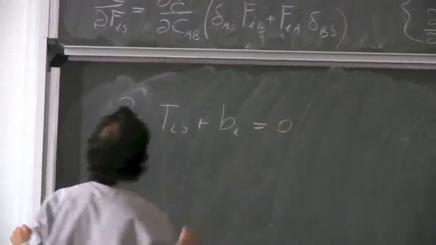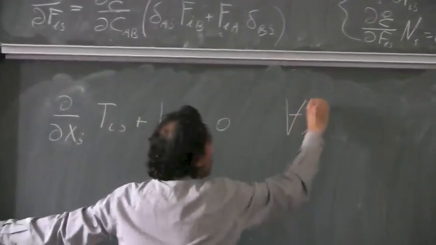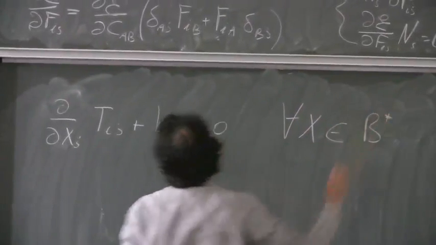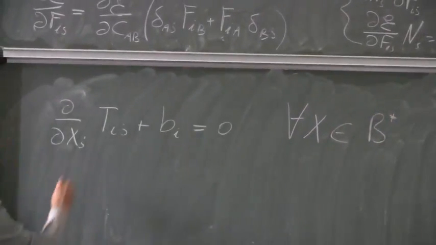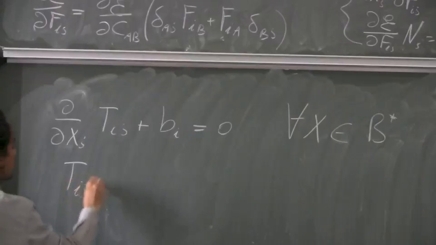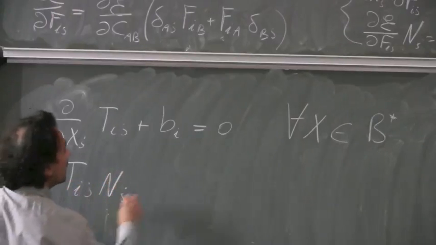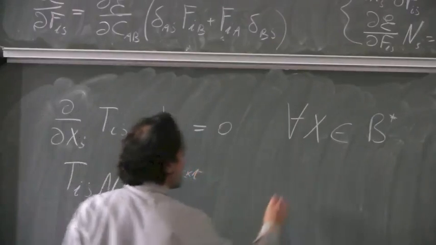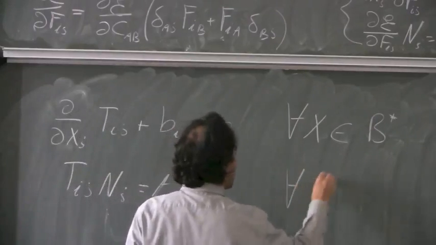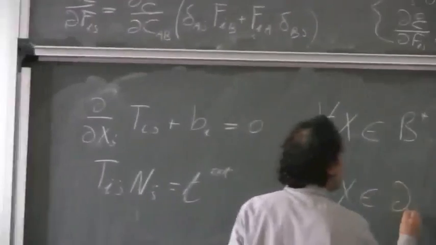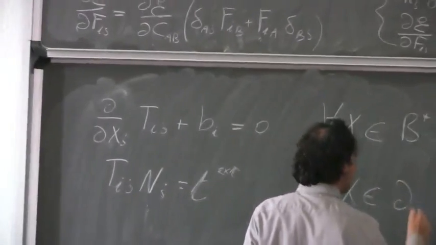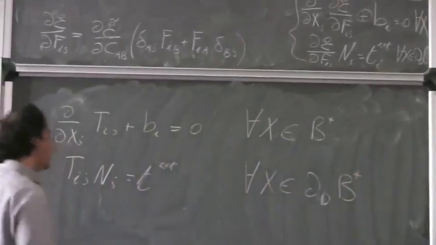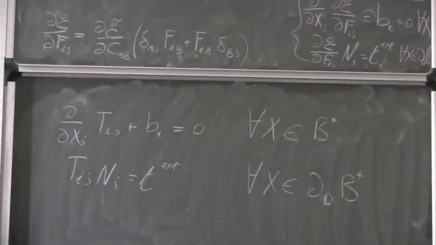equal to 0, for every x belonging to B star, and at the border you have T_ij n_j equal to the external T for every x belonging to the dynamical part of the surface of B star.